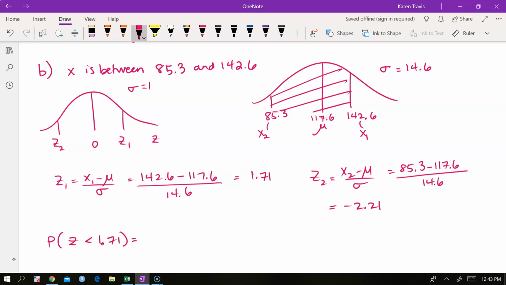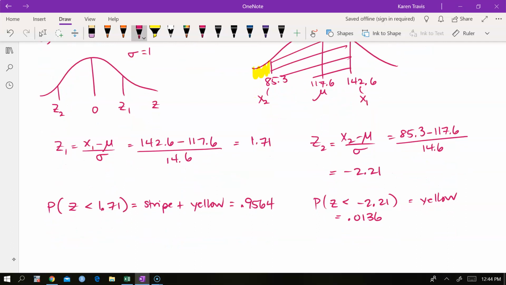So in my picture, it's all of the stripe plus, I'll make a new piece that's yellow. The stripe plus the yellow, I'm going to read out of the table, below 1.71 will give me 0.9564, and the chance that z is below negative 2.21, which is just the yellow, that piece is 0.0136.